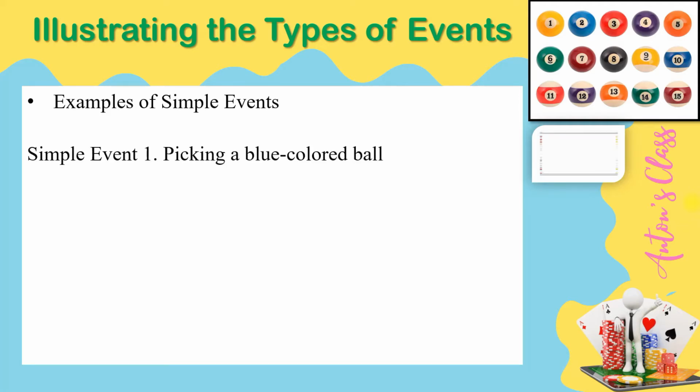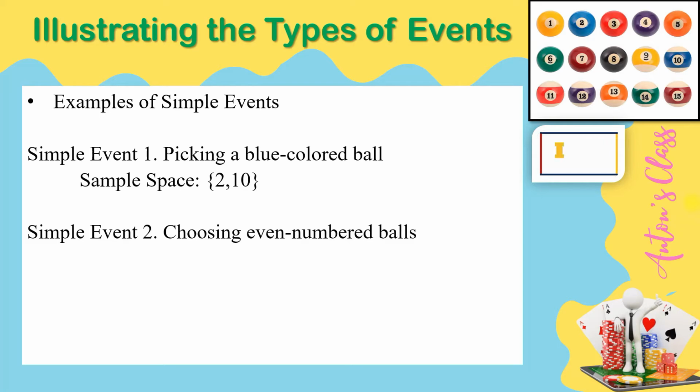Simple event number 1, picking a blue colored ball. As you can see there, we have two balls having a blue color, and they are 2 and 10. Now for our sample space, we have the elements 2 and 10 for the set.